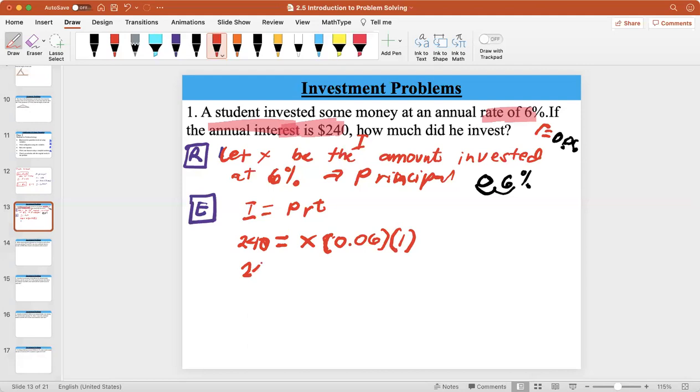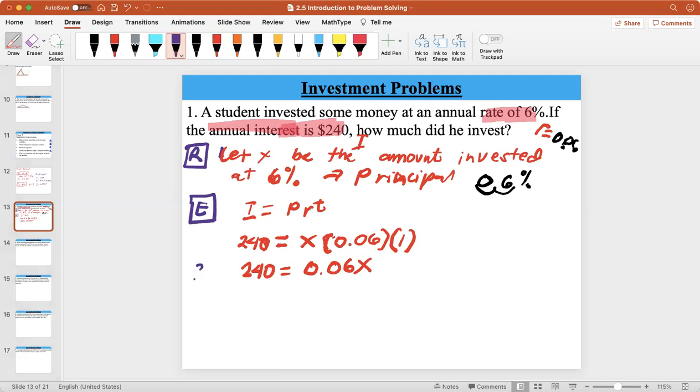And now you have 240 equals x times 0.06 times 1. What is 0.06 times 1 times x? That would be 0.06x. That's our equation. Now I think we have started solving already.